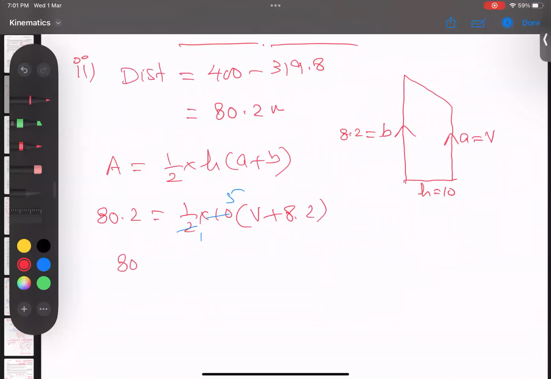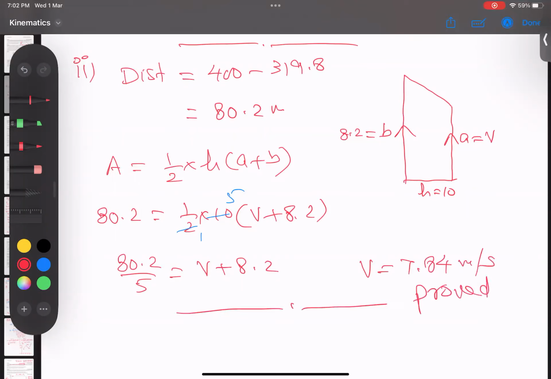So 80.2 divided by 5 equals V plus 8.2. Typing 80.2 divided by 5 minus 8.2, it gives V equal to 7.84 meters per second. Answer is proved.